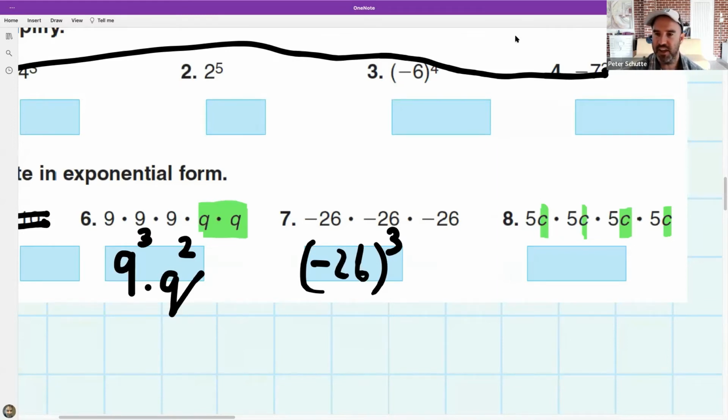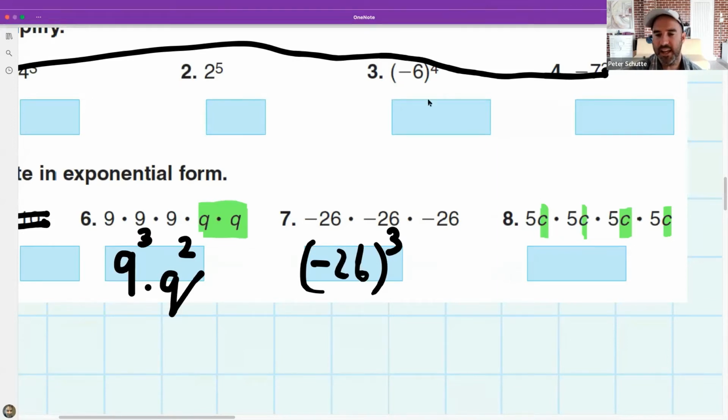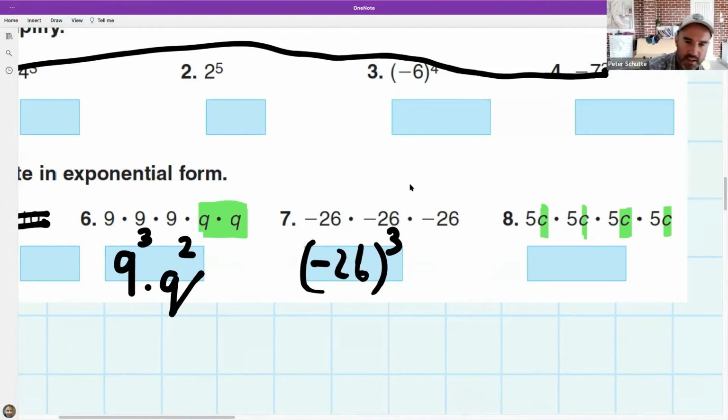I'll give 30 more seconds for number 8. How do we write 8 in exponential notation? We have a question from Tando. Go ahead, Tando. So for question 7, is there a specific reason why we're putting in brackets?